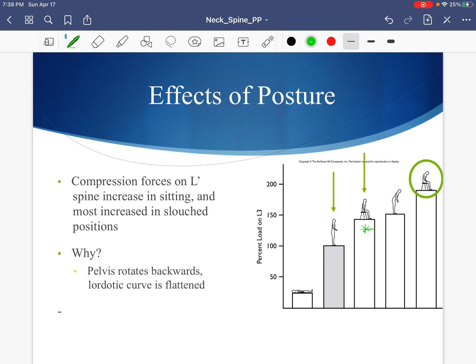Okay. So I would like you to review that we have more compressive force on the vertebral column when we're sitting versus standing, and the compressive force is always made worse when we're slouching. Over time, the effects of poor posture can lead to muscle imbalances. I think I mentioned this to some of you in lab.